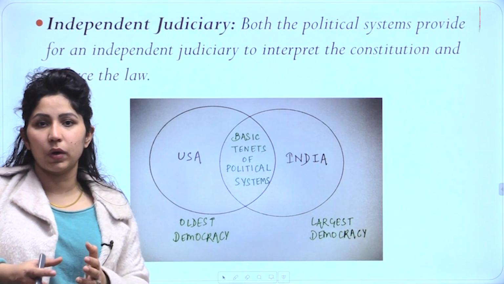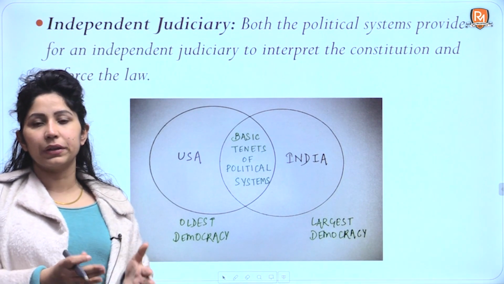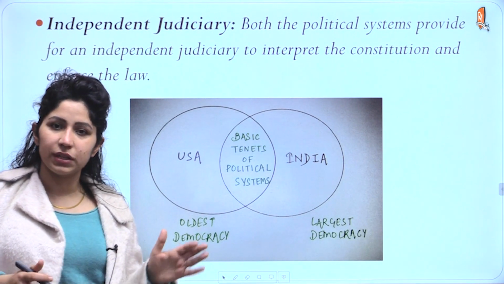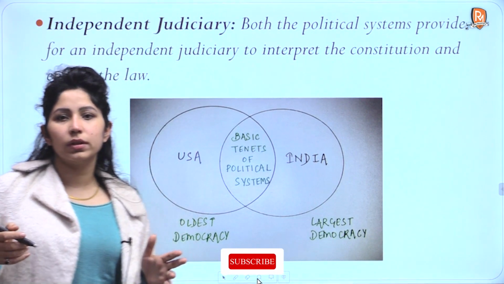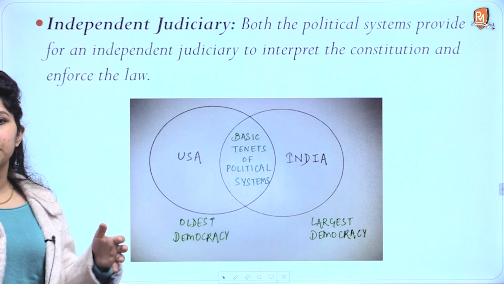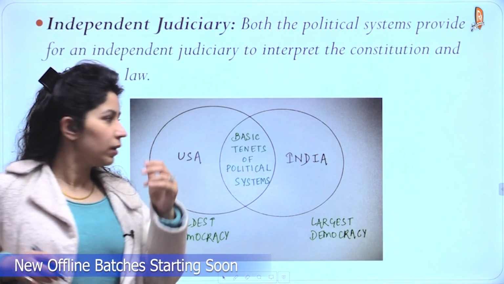Judiciary is a very important aspect of our political structure and of the political structure of the United States of America. Since it's a very short question, you can define it in a single line: both the political systems provide for an independent judiciary to interpret the constitution and enforce the law.